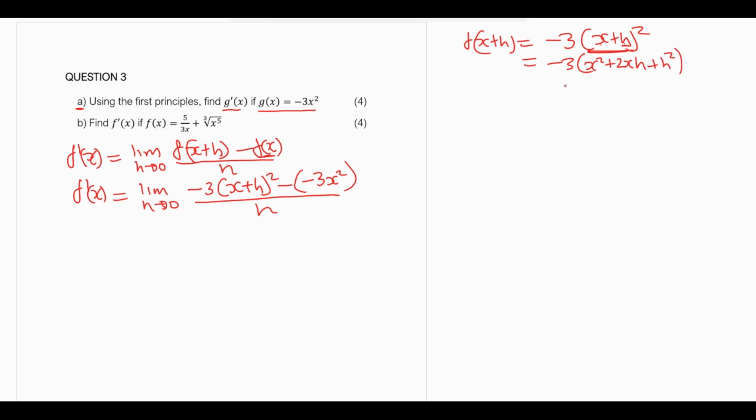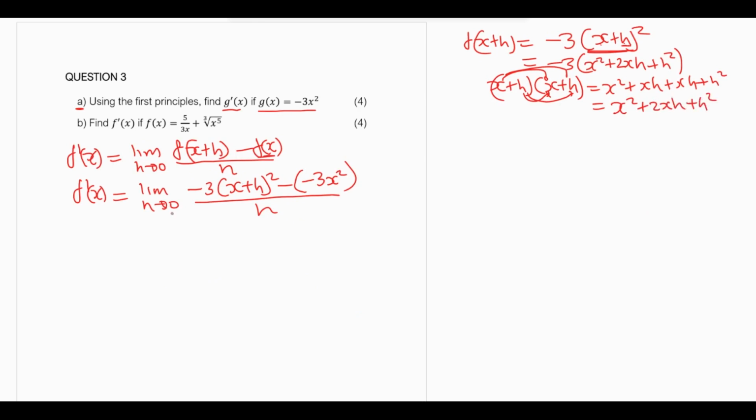If you want, you can use the FOIL method here and say x plus h times x plus h, then x times x is x squared, then x times h, that is xh, and then h times x, that is xh, h times h, that is h squared, and then it simplifies to x squared plus 2xh plus h squared.